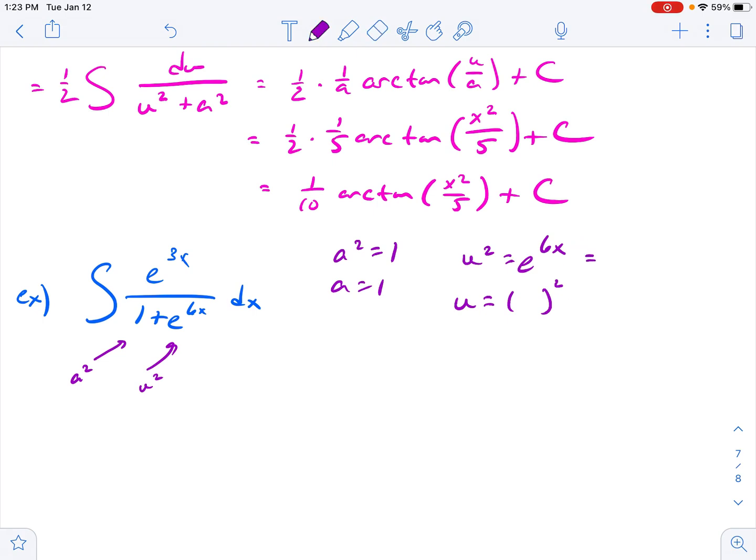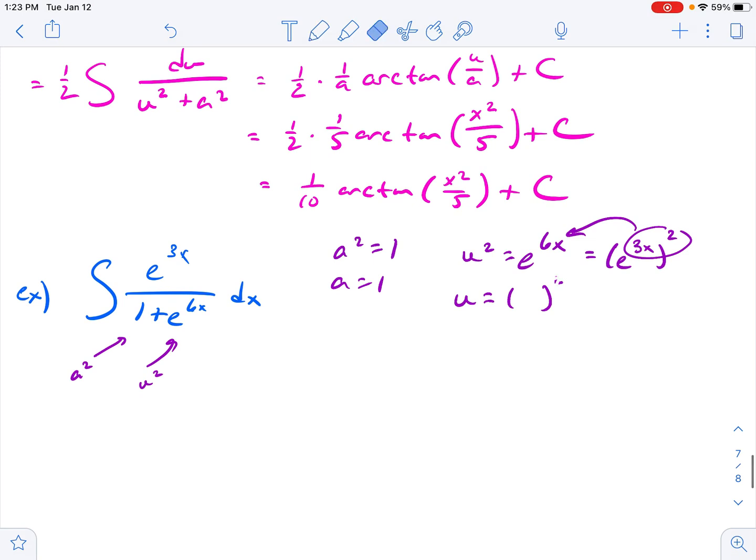How can I rewrite that as something squared? It would actually be e to the 3x squared, because power to a power, you multiply. So u, if we took the square root, would just be e to the 3x. And that's what we seem to have here, okay?